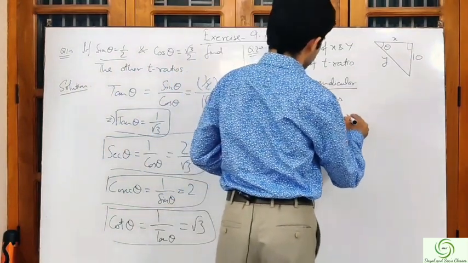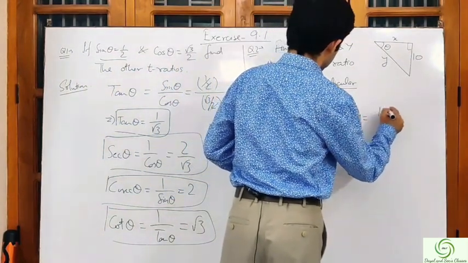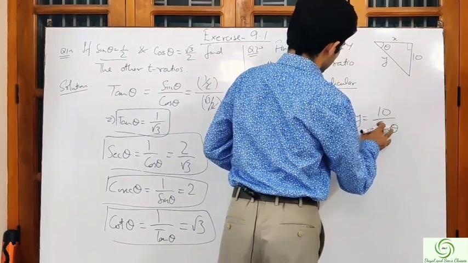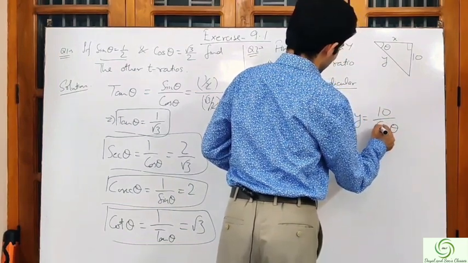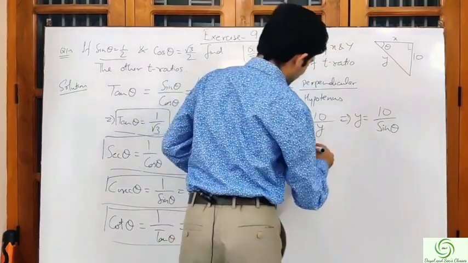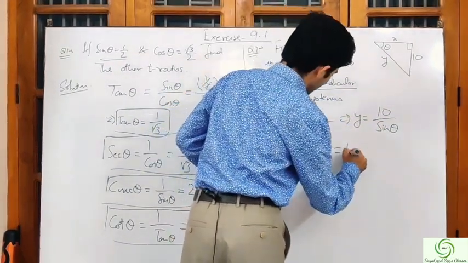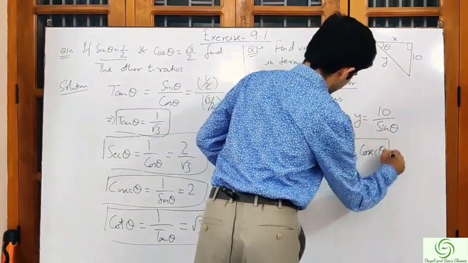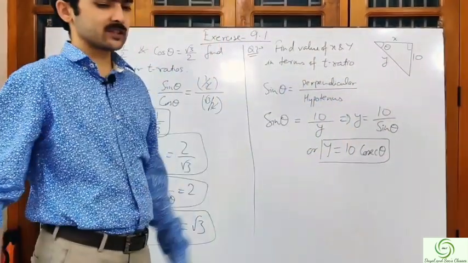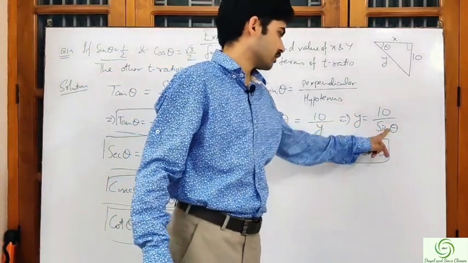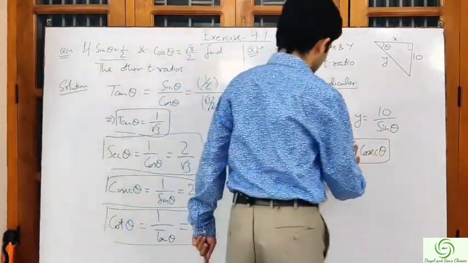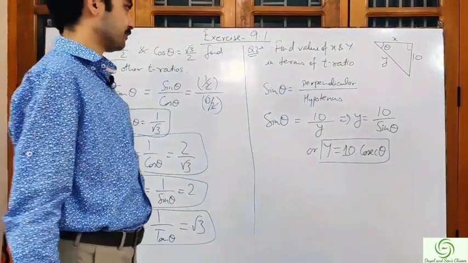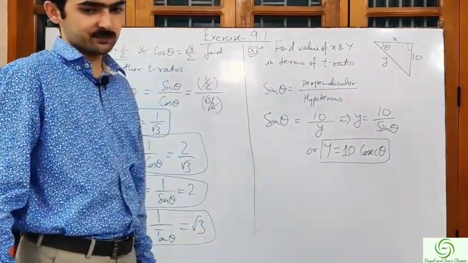This implies y will be equal to 10 upon sin theta, or we can write y is equal to 10 cosec theta. 1 upon sin theta is cosec theta, so we can write it as 10 cosec theta. I hope it is clear. Alright.